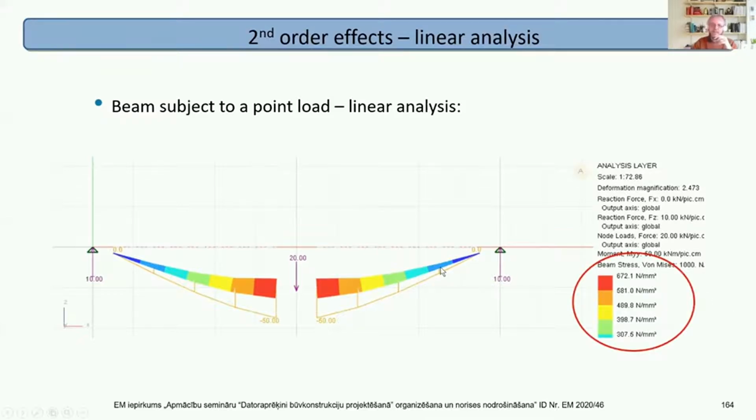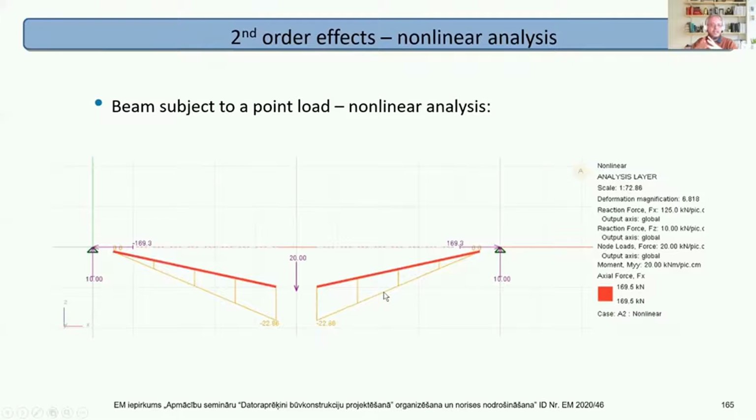If we rerun this with a non-linear analysis, we find the results are different. First of all, you might notice the deflected shape is now a V shape rather than a curve. You'll note the deformation magnification. It looks similar, still about a meter in the magnified diagram, but the magnification is about 6.87. The magnification is much larger.